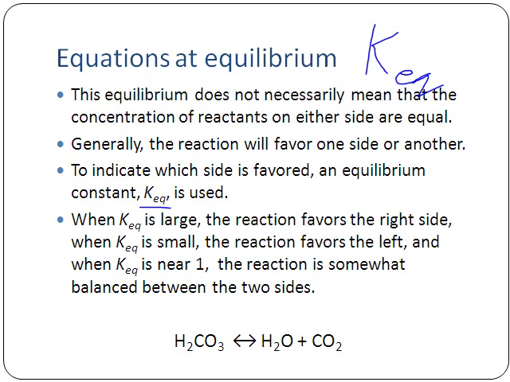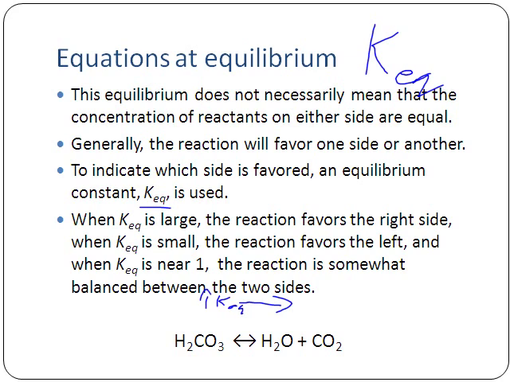If Keq is very large, like several hundred or several thousand, that means the reaction is going to favor the right side. You're going to have higher concentrations on the right side than on the left. So when Keq is big, you go to the right.